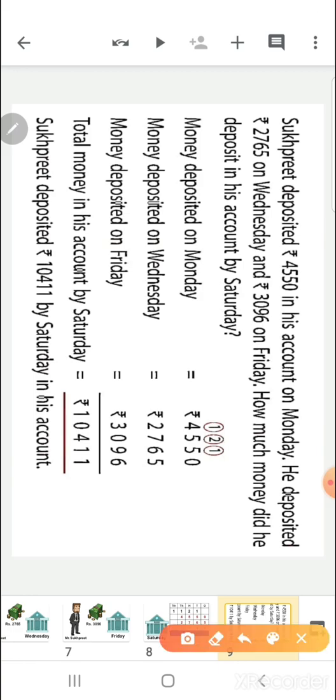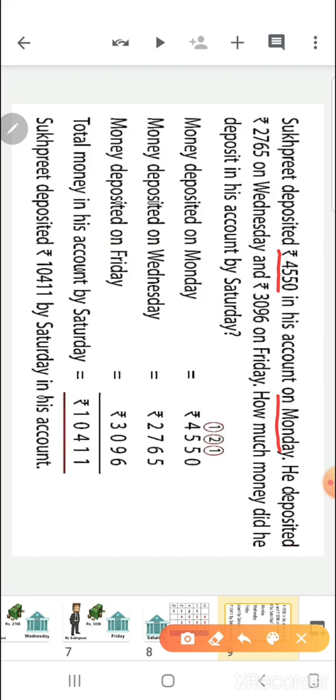Then, whenever we are solving a word problem, the first thing is to write the statement. Then we have to solve the sum and then we have to write the answer. These 3 things we have to keep in mind. The statements are the things that are given in the question. So here, what is given in the question is that Sukhpreet deposited rupees 4550 on Monday.